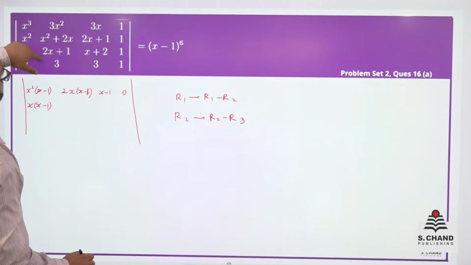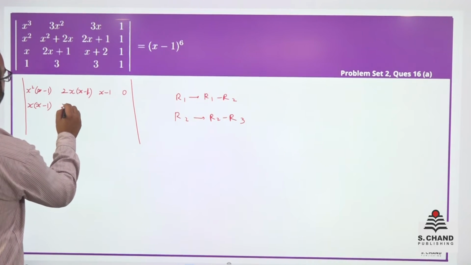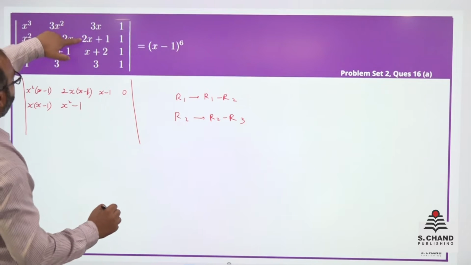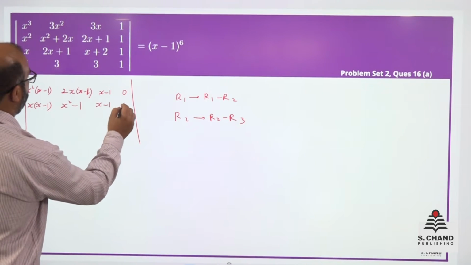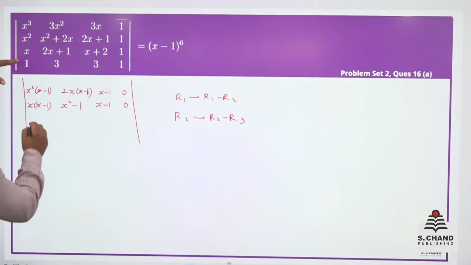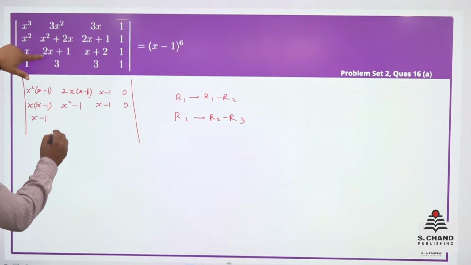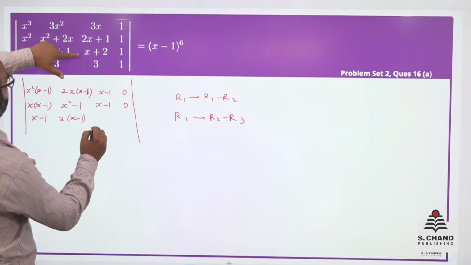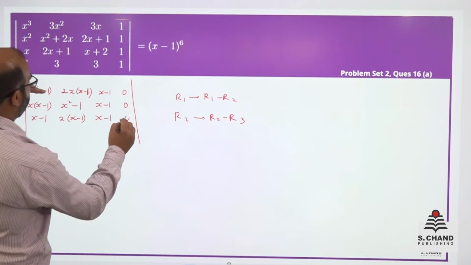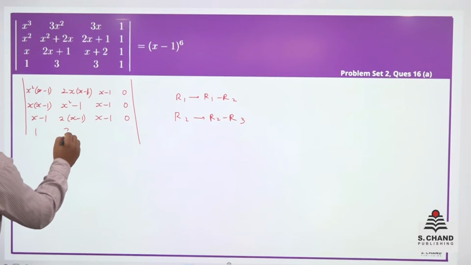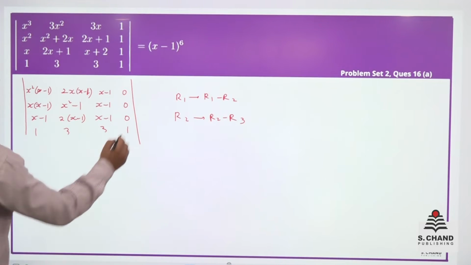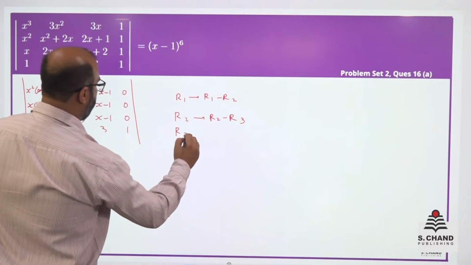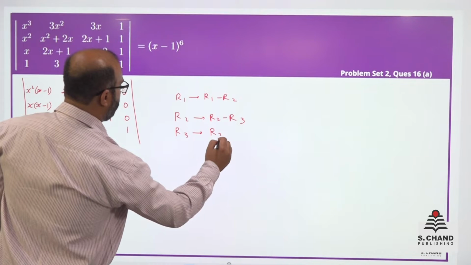Here x square, 2x will cancel, x square minus 1. Here x minus 1 and then 0. Here x minus 1, 2x minus 2. So 2 common, x minus 1, x minus 1, 0. 1, 3, 3, 1. So this is R3 as R3 minus R4.